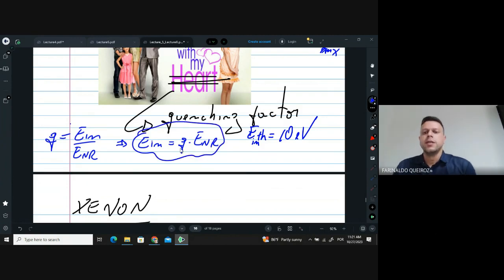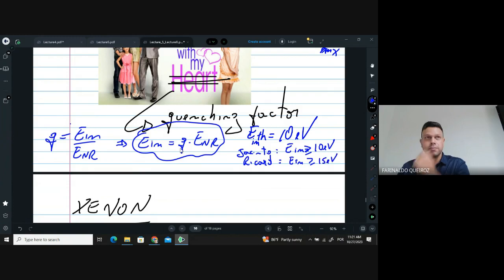So let's do it. I'm comparing different detectors. Jacinto has a detector for which the ionization energy has to be larger than 10 eV. And Ricardo has a detector for which the ionization energy should be larger than 15 eV.